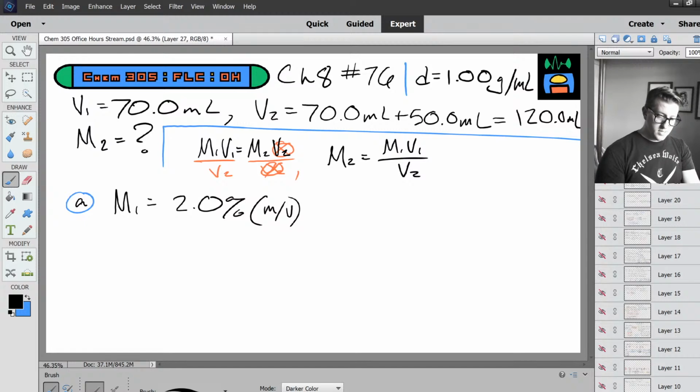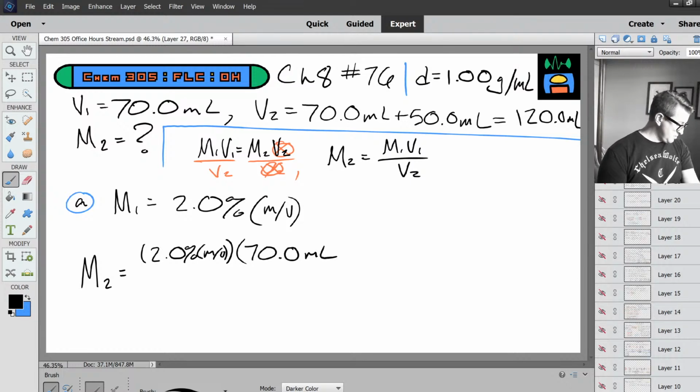All right, so we know our M1, it's 2.0% mass to volume. It's important to keep those units in there, times our V1, which was 70. Just let me make sure I didn't transcribe that wrong. Oh, I did mess this up. It's a 76. I flipped 76 and 75. I'm sorry.